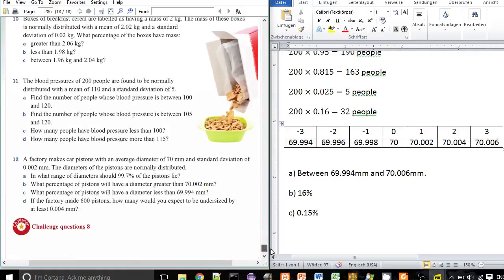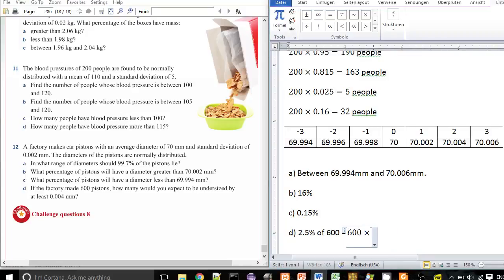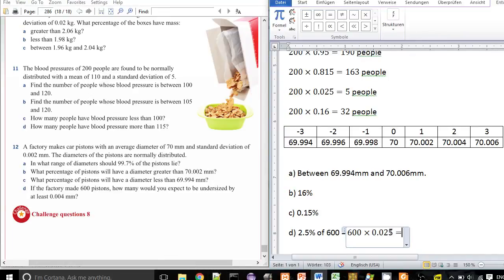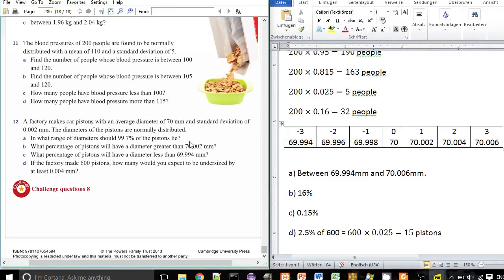Okay, so 2.5% of 600, we'll do calculation, 600 times 0.025, which I should be able to do by myself. 100 times that, 5 times 6 is 30, so 15 pistons. Okay, alright, finally got through that.